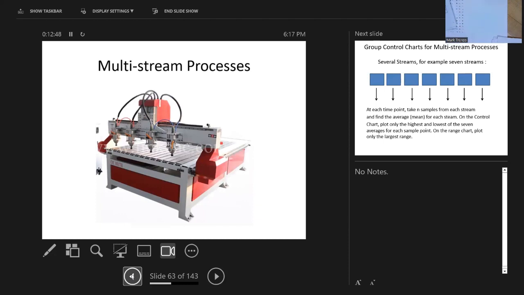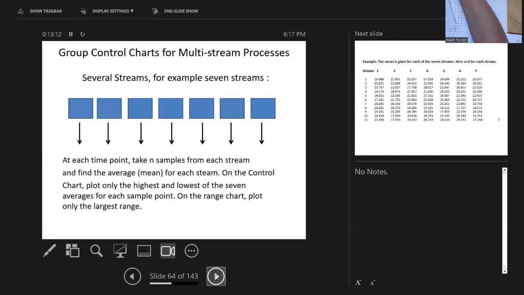So for a multi-stream process, this is the case where maybe we have a machine that's making 4 parts at the same time. It's actually the same part, but it has like 4 heads or 6 heads or something like that. And so you're making the same part, and you're checking how each stream is doing.